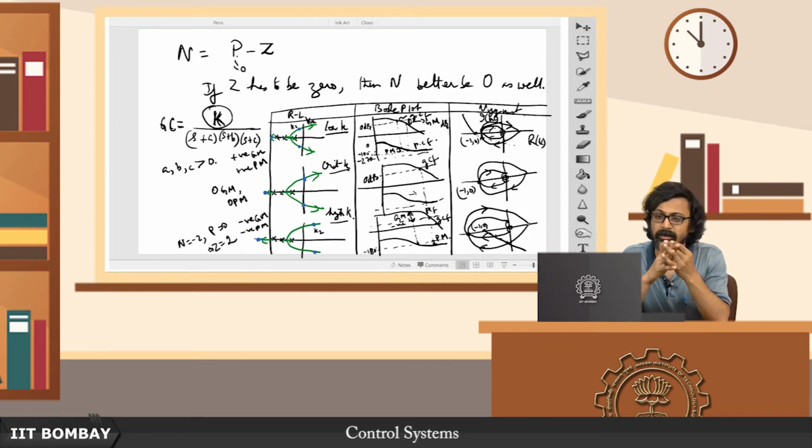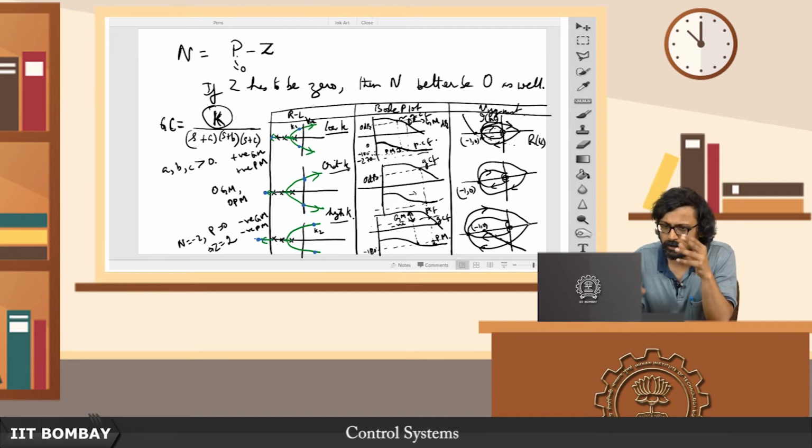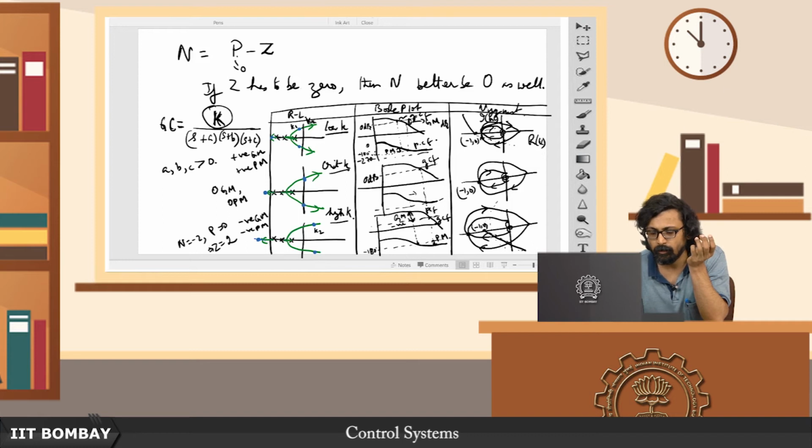Similarly about phase margin, you need to evaluate at the gain crossover frequency. So you draw this unit circle passing through this point, and you see that you do not have any margin for error here.